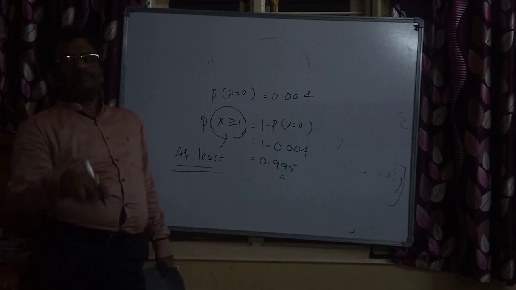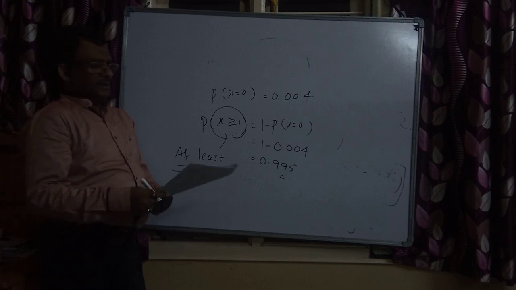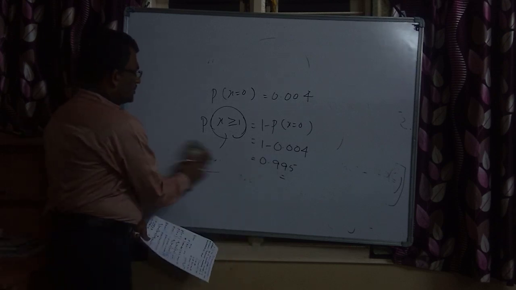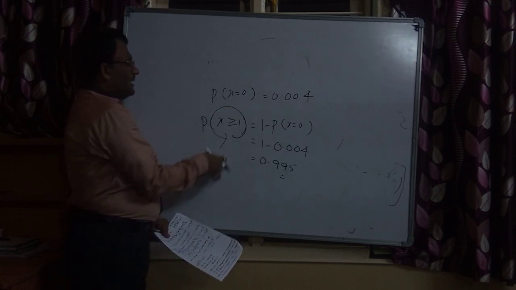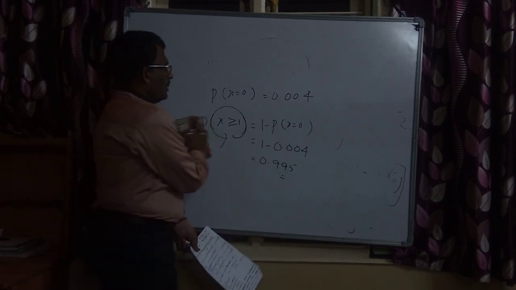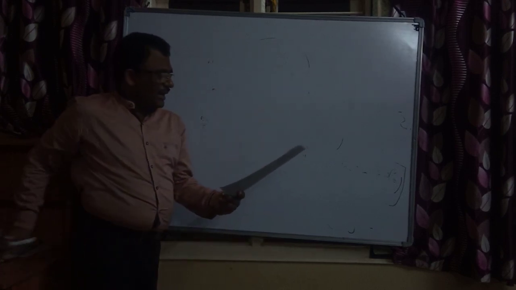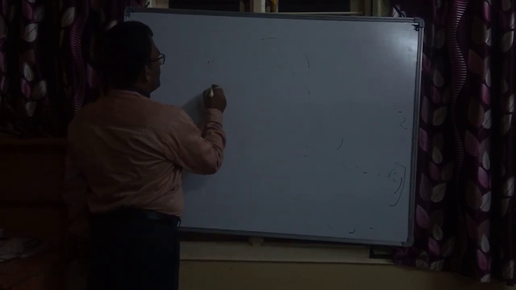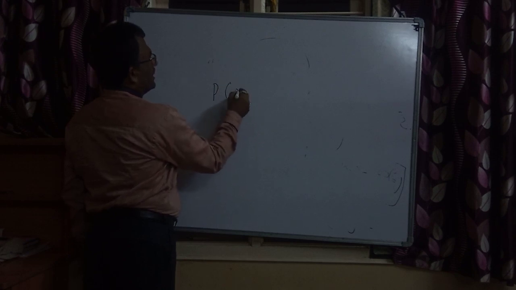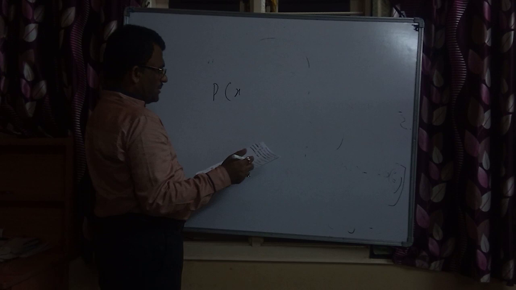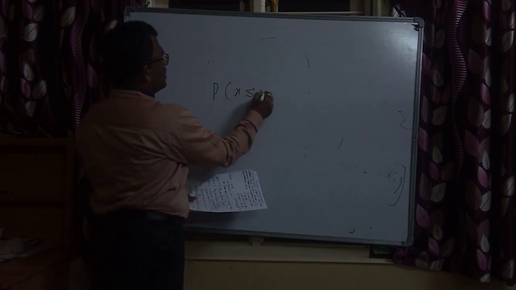This is again the rule to be followed: you have to take at least as more than, at most as less than while solving probability problems. Now maximum 2 is less than or equal to 2.